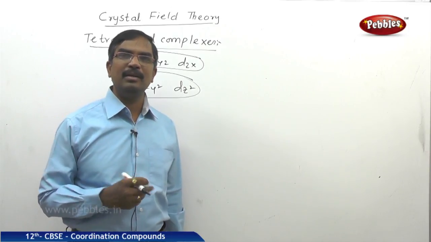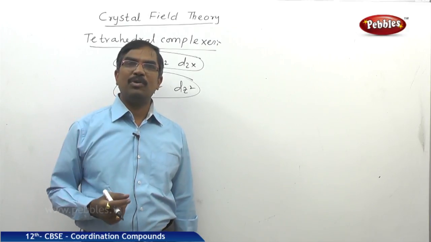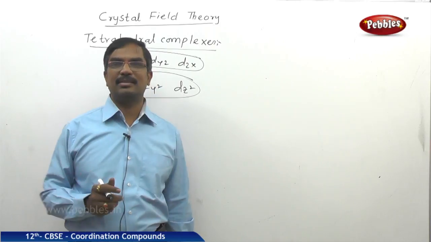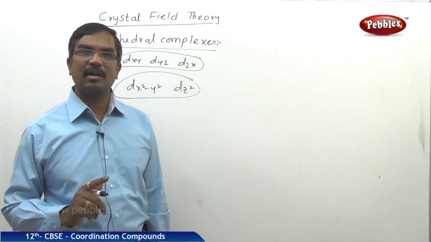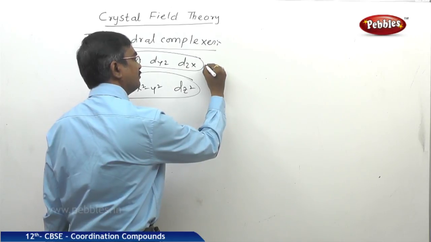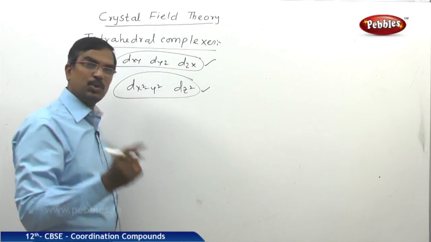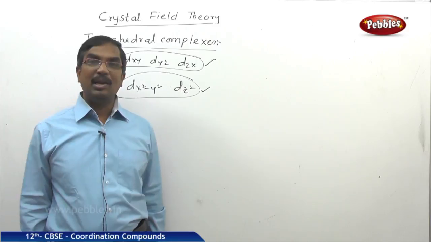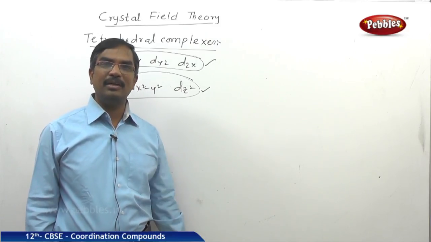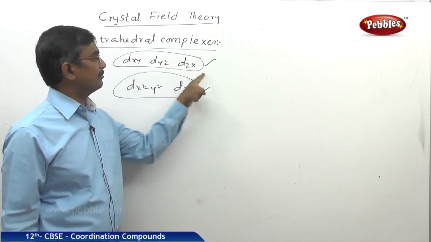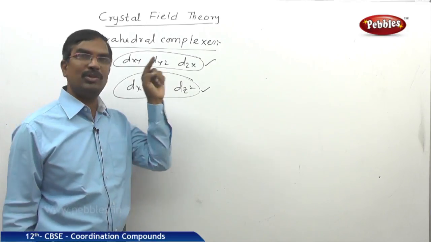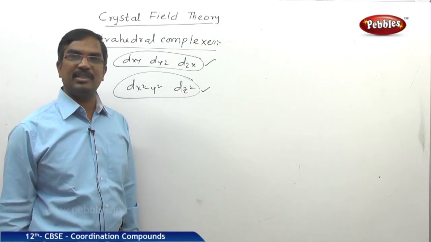I told you the ligands are present at the alternate corners. If I compare the distance and position of these orbitals with respect to the ligands in the tetrahedral complexes, these 3 are near, because they are pointing towards the center of the edges.